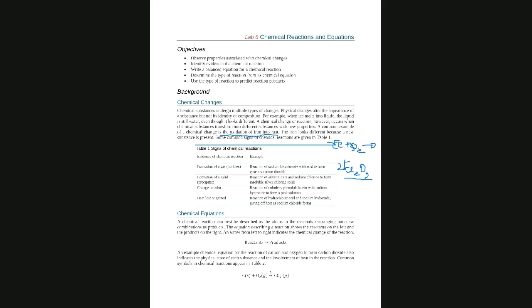That is a chemical change. The reactants, iron and oxygen, combine and form a new substance, which is the rust. What is the rust? The iron oxide. Any questions so far?